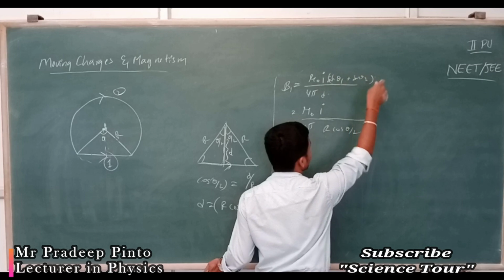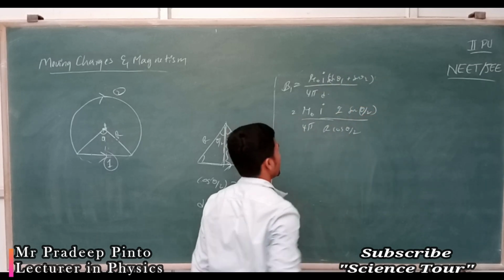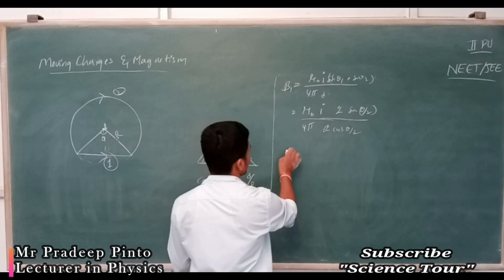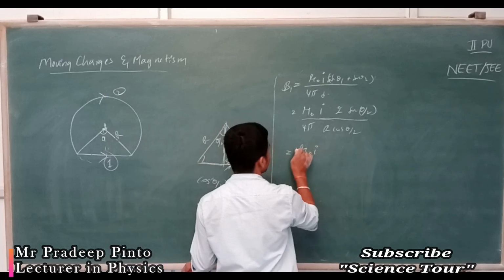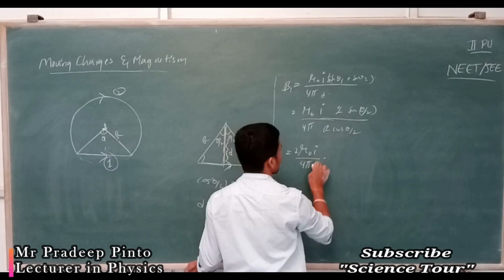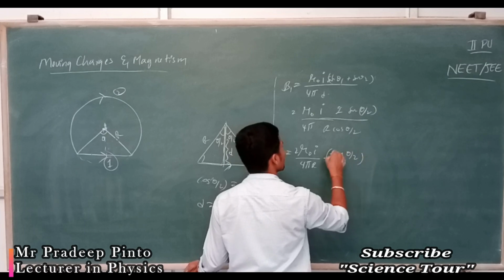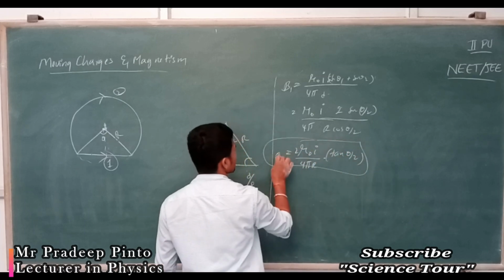Now it is sine theta by 2 and sine theta by 2, so we get mu naught I into 2 divided by 4 pi r, and sine by cos is tan theta by 2. So this is equal to B1.